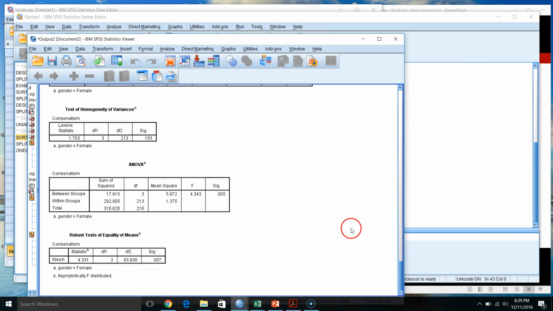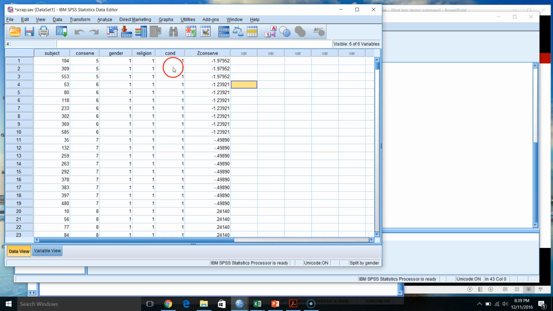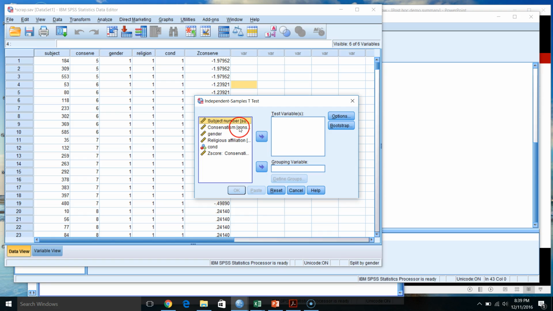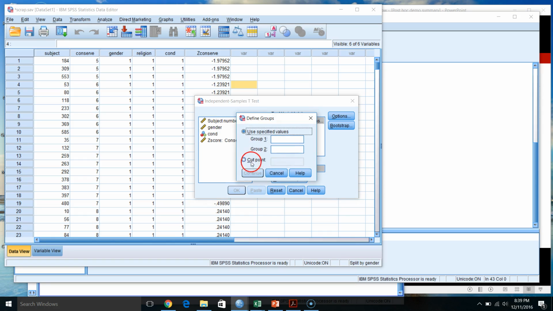So we're going to go to our data, go to Analyze, Compare Means, Independent Samples t-test. Okay, and we're going to look at conservatism across religious affiliation, and it's going to define our groups.